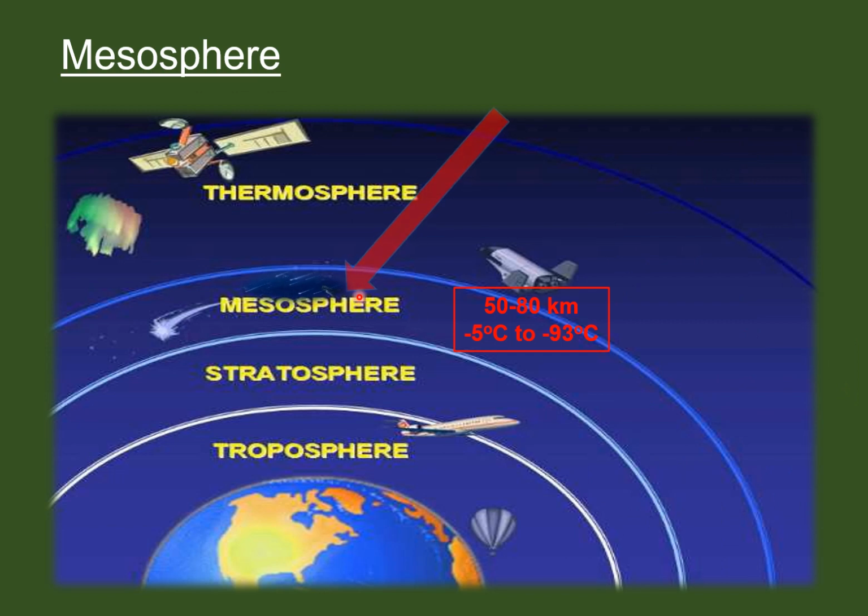Mesosphere. Mesosphere extends from the top of the stratosphere to about 80 km from the Earth's surface. The temperature of this region is minus 5 degrees centigrade to minus 93 degrees centigrade.